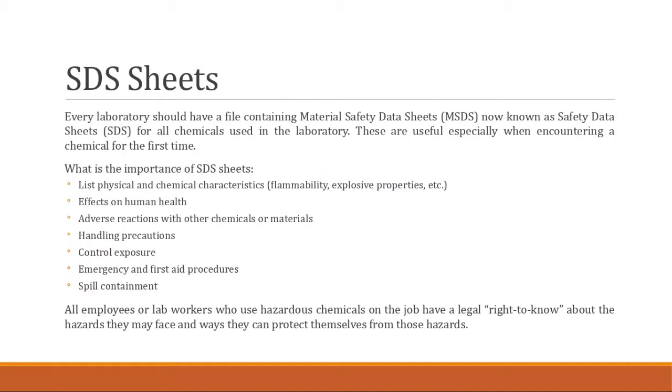When we're looking at SDS sheets, every lab has to have a safety data sheet. They used to be known as material safety data sheets back in the day, and that switched a couple of years back to just safety data sheets.